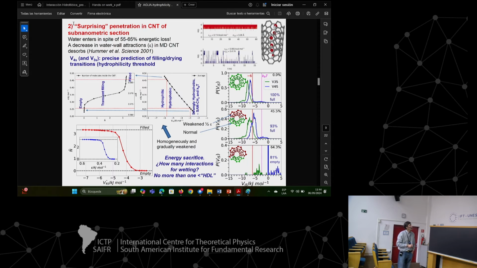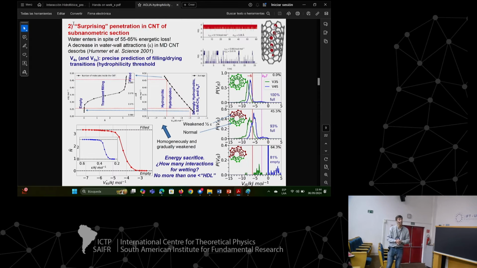Here, what you see is the number of water molecules inside the carbon nanotube, and you see that it's always populated. But if you weaken the interactions artificially, for example, if you cut in half the depth of the carbon-oxygen interaction of the Lennard-Jones potential, you get this behavior. It's almost all the time empty; sometimes water enters, but it goes away very quickly.